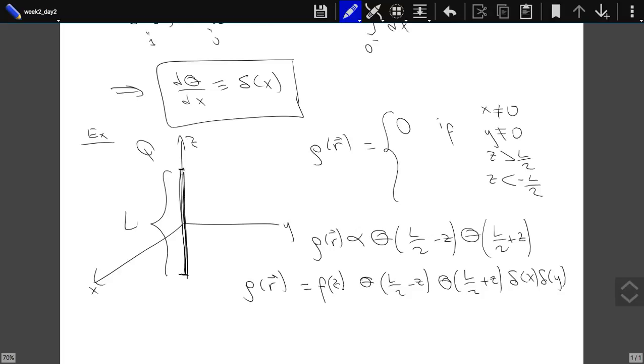Well, one piece of information that we might be given is that the charge is uniformly distributed over the rod. Well, if the charge is uniformly distributed over the rod, whether we are on this point or on this point, the charge density has to be the same. That basically tells us that this function f cannot depend on z.